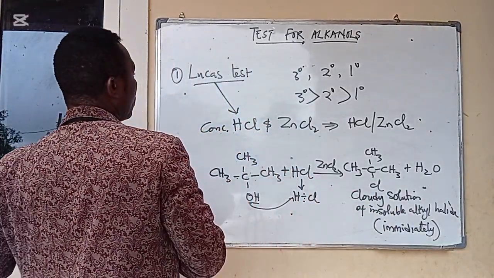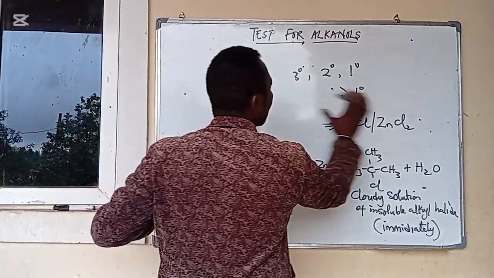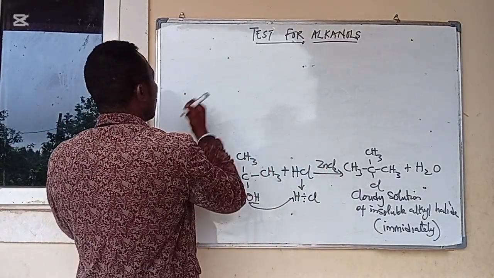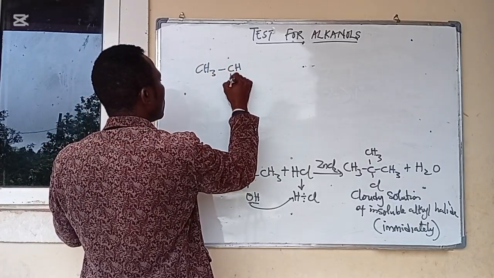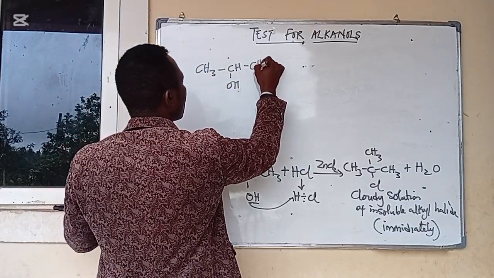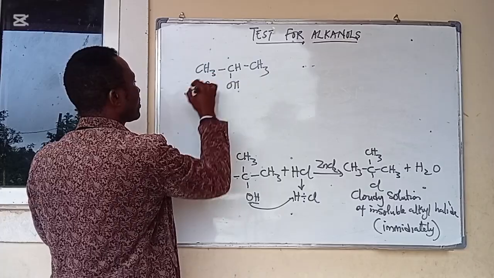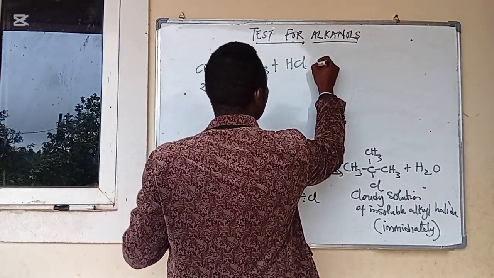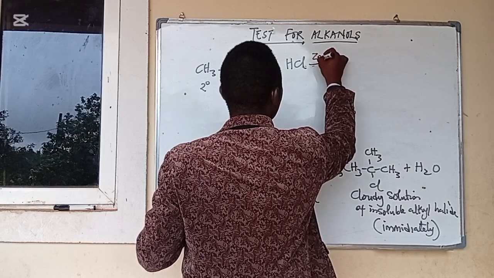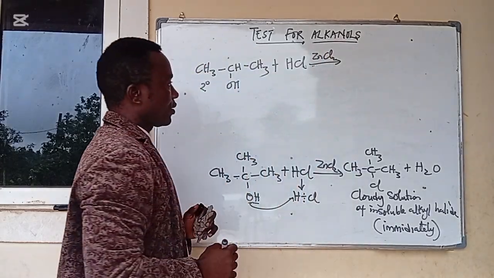Then when we use a secondary alkanol, we'll be having CH3CH(OH)CH3. So this is a secondary alkanol reacting with the Lucas reagent, zinc(II) chloride in HCl.